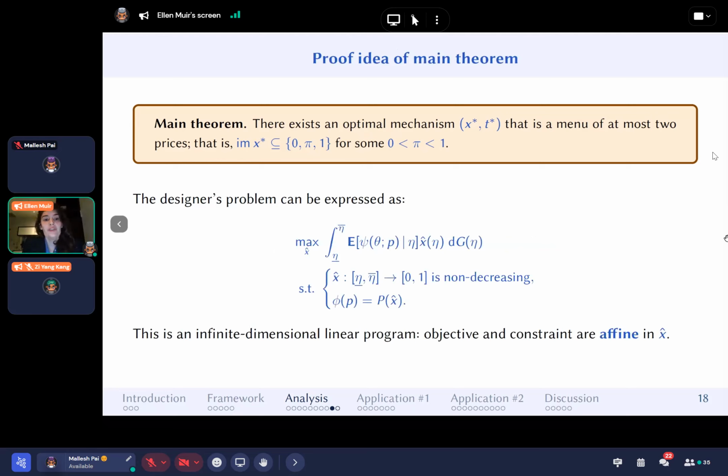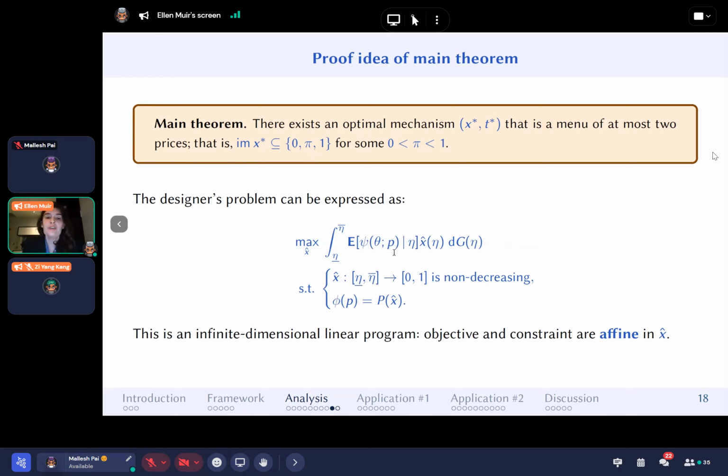Okay, and so in order to prove this result, what we need to do is rewrite the objective function of the designer in terms of these effective types. That's what we're doing here. So we rewrite everything. We have what was previously our virtual surplus function.